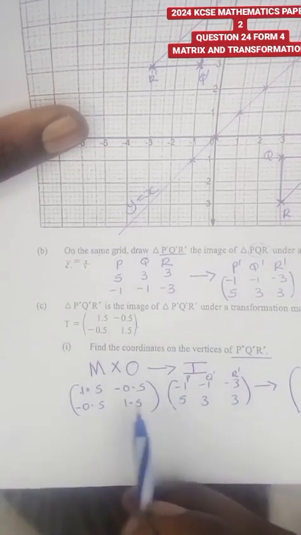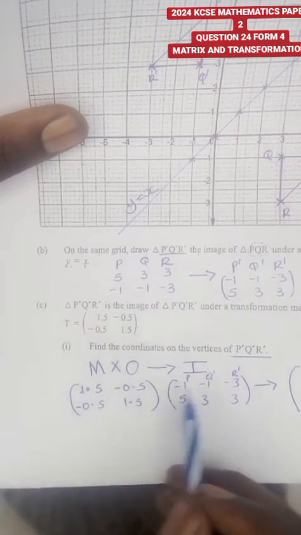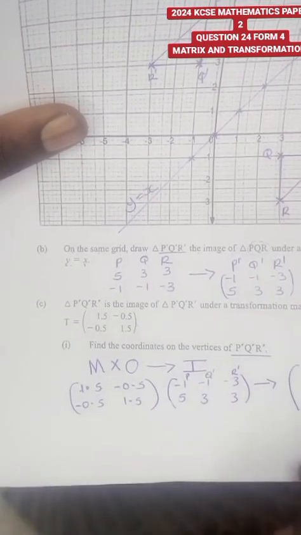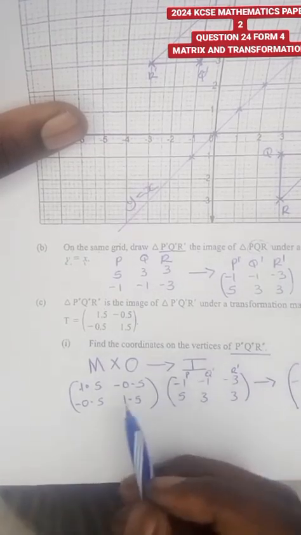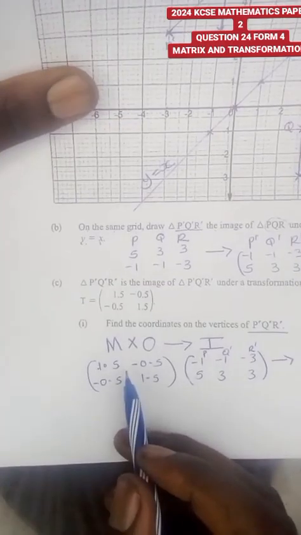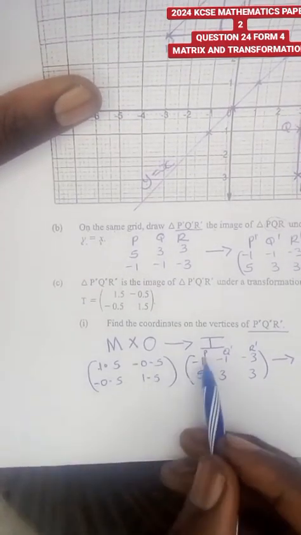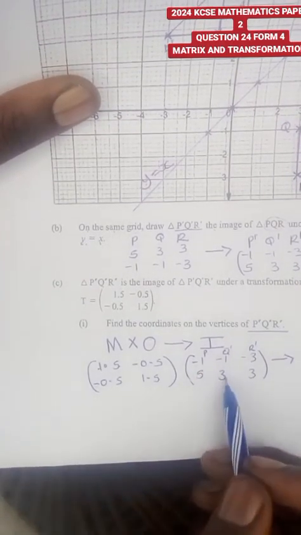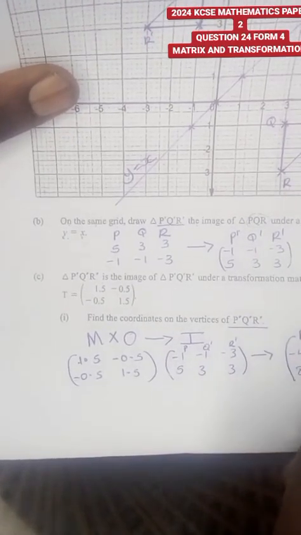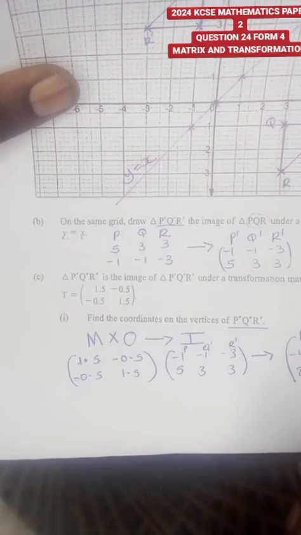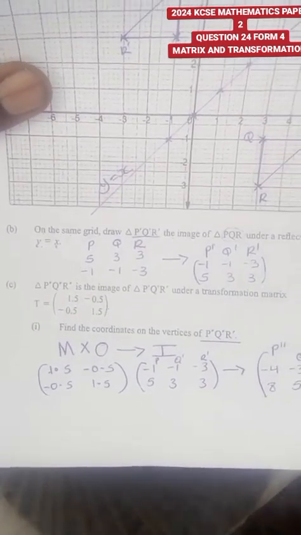So if you use that, you're going to have -4 and -3 and -6. Then also on the lower part, we will have row times the column. So we will have 8, 5, 6. So this is what the examiner wanted you to find to get the 2 marks.